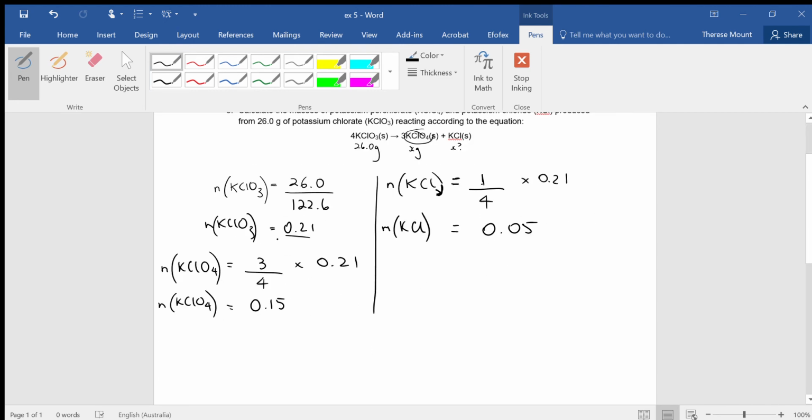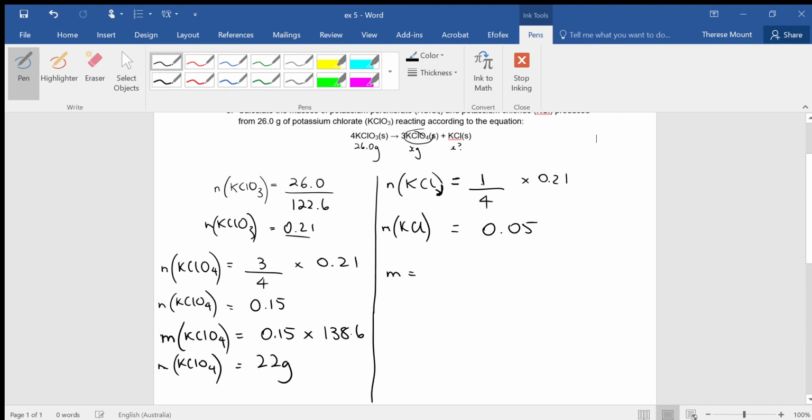Then from here, I just need to figure out the mass of each of these species. The mass of potassium perchlorate is the mole value times its molar mass, which is 138.6. So the mass of potassium perchlorate is 22 grams.